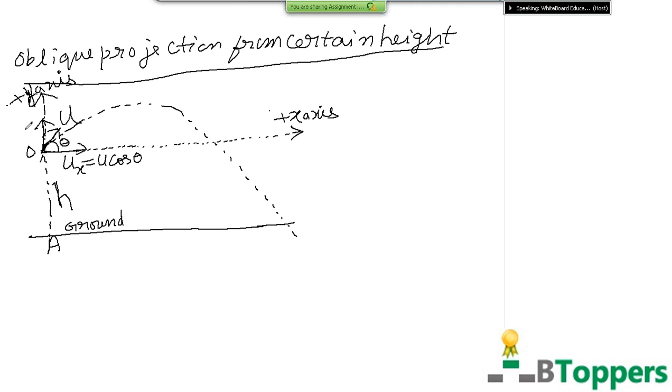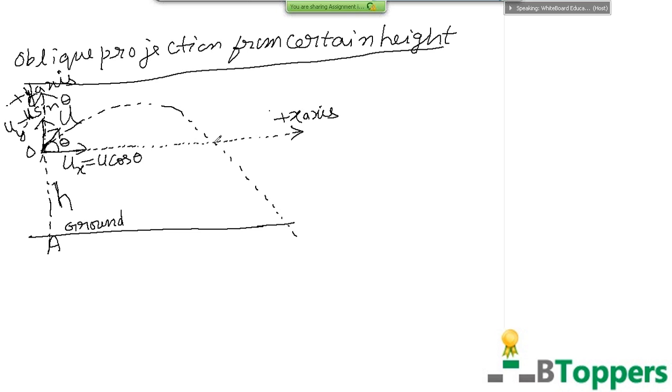The horizontal component of initial velocity at the point O will be given by ux equal to u cos theta. The vertical component of initial velocity at the point O has magnitude u sin theta directed vertically upwards.